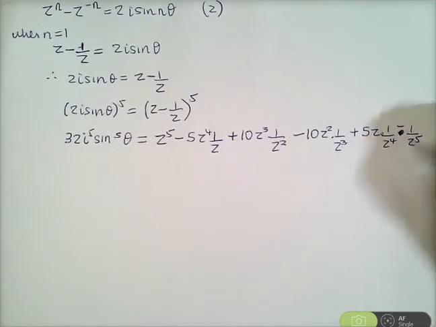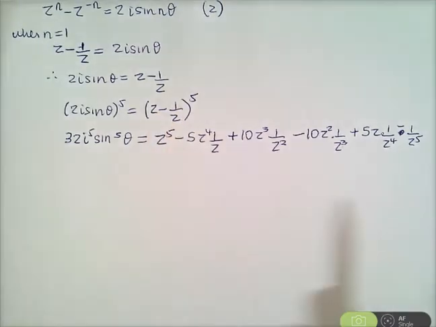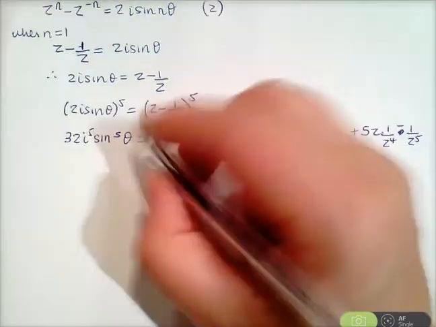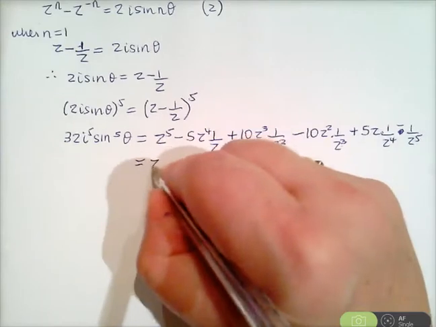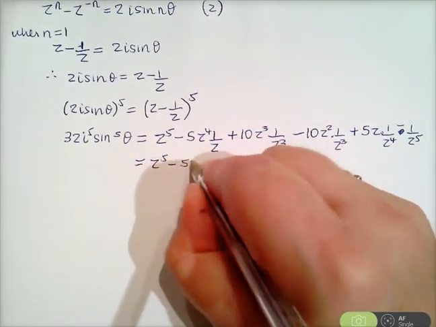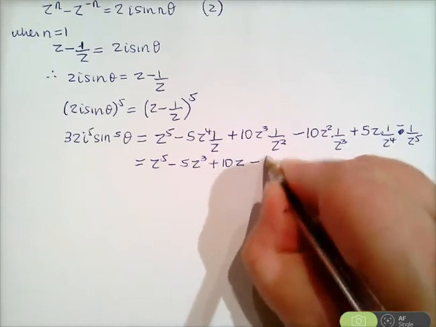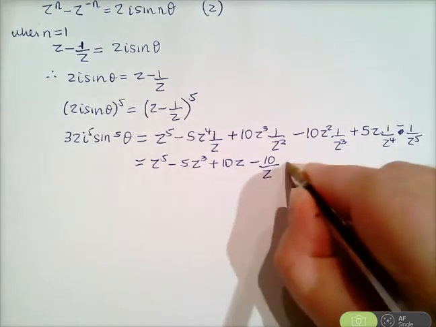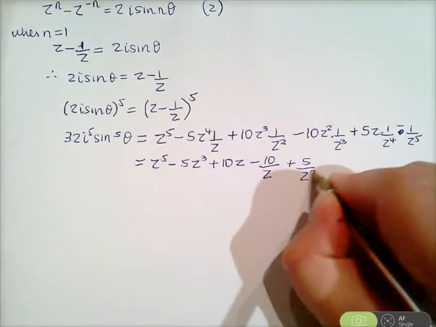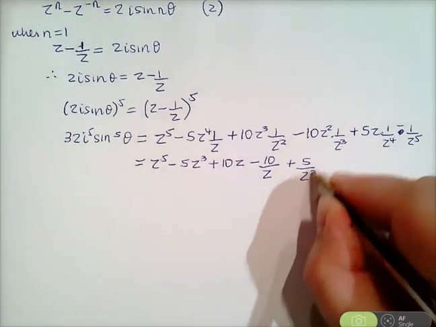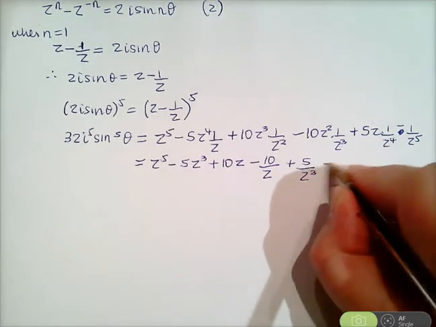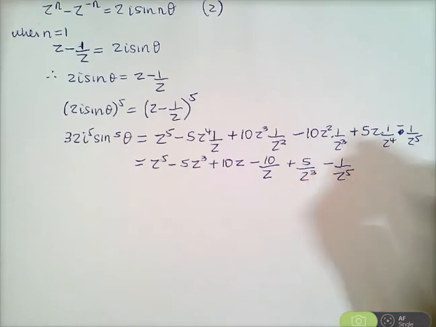Remember, it goes plus minus when you've got z minus. Okay? So simplifying that, we've got z to the power of 5 minus 5 times z cubed plus 10 times z minus 10 over z plus 5 over z cubed, because z on z to the 4 have a denominator of z cubed, minus 1 over z to the power of 5.